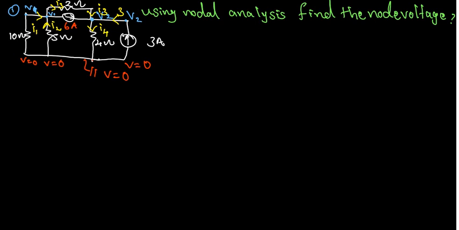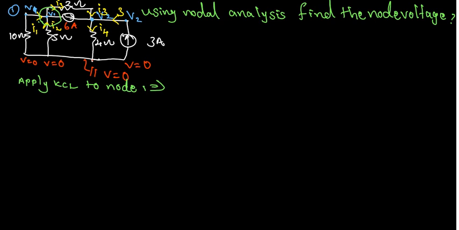Then we need to do our KCL. What is the first step? Apply KCL to node 1. Here is node 1. What is Kirchhoff's current law saying?